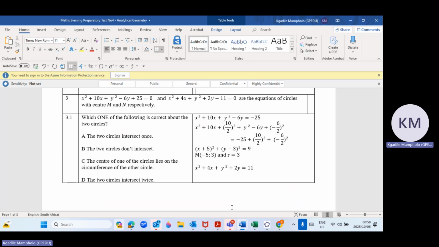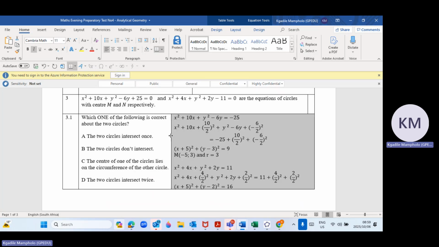First, let's look at this to see if they intersect or not. Now, first you complete the square to determine. Let's move this one here.